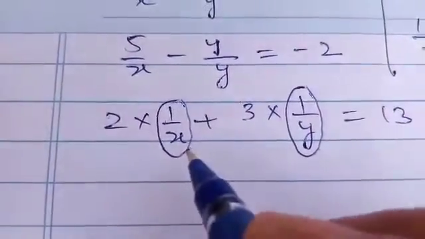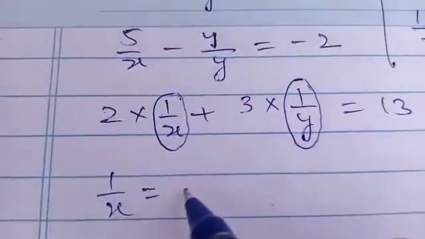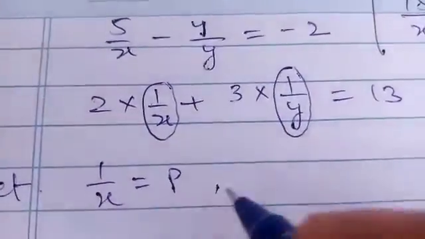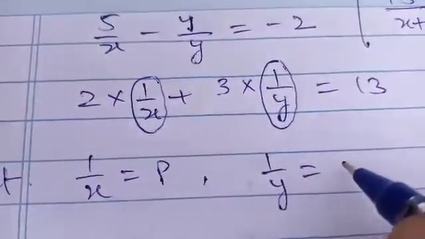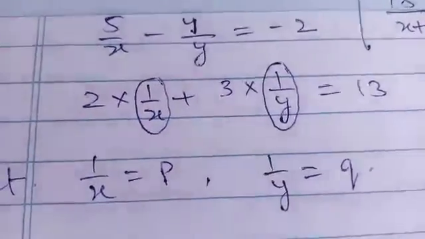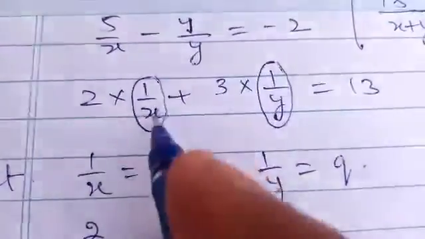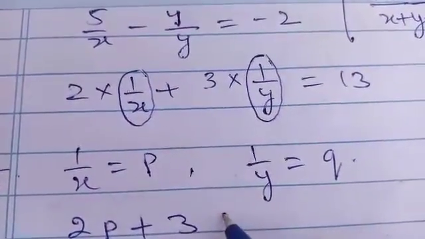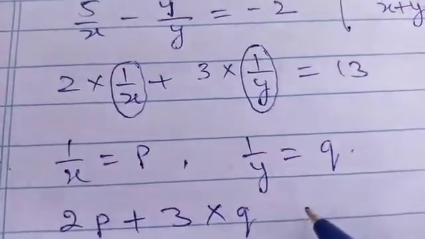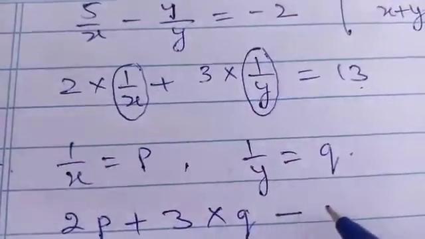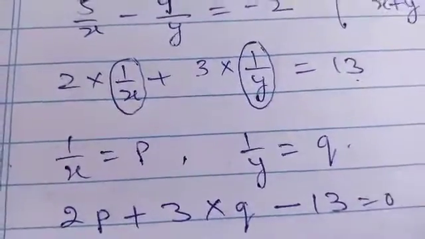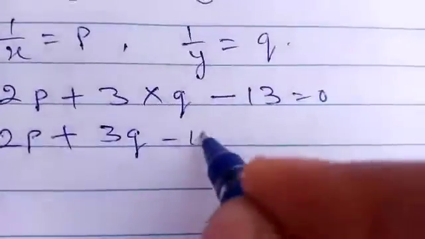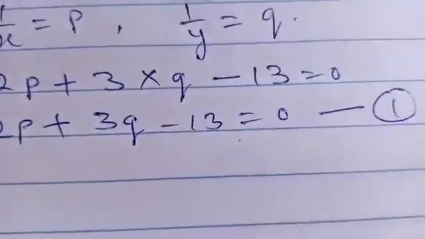So we let 1 upon x equal to p, and similarly 1 upon y will be q. The equation will be 2p plus 3q minus 13 equal to 0, which is the first required equation.